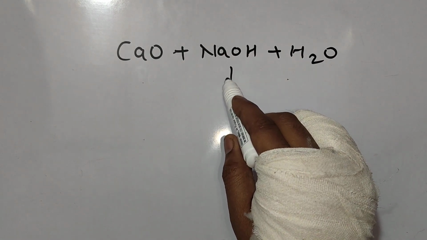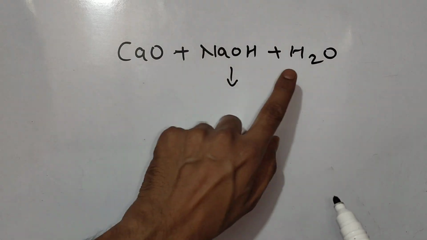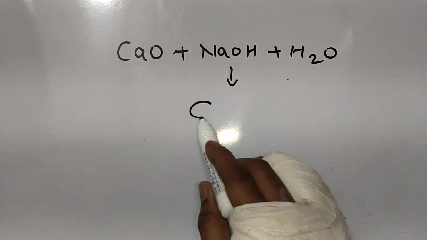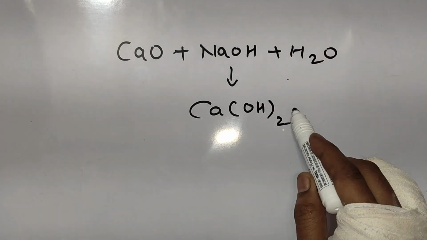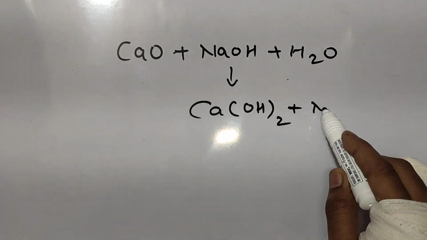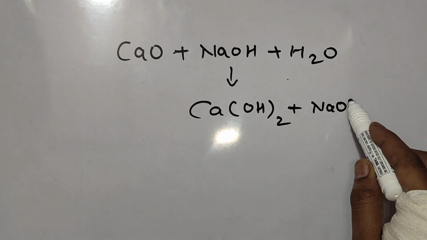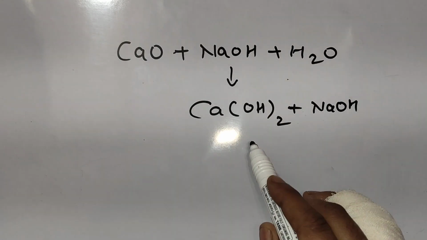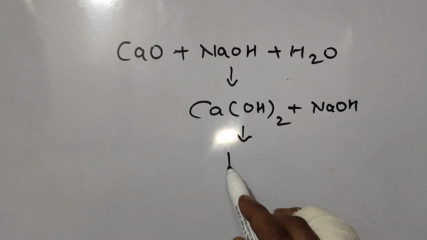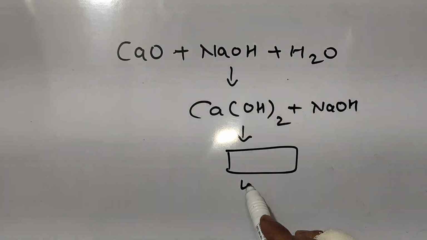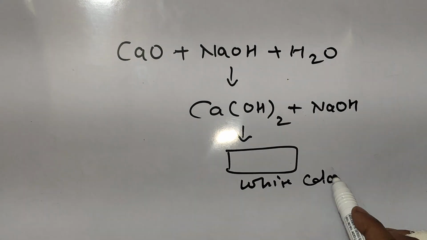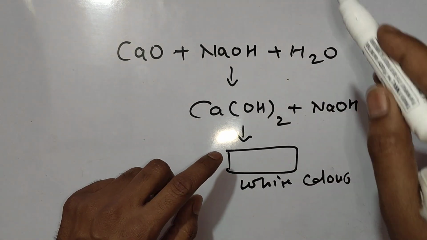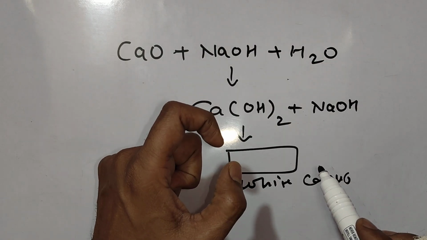So this combination will create, as CaO will combine with water, it will create Ca(OH)2, calcium hydroxide, and NaOH will remain as it is. We will dry it, so we will have a white color solid substance, a white solid particle, which will have holes or voids in it.